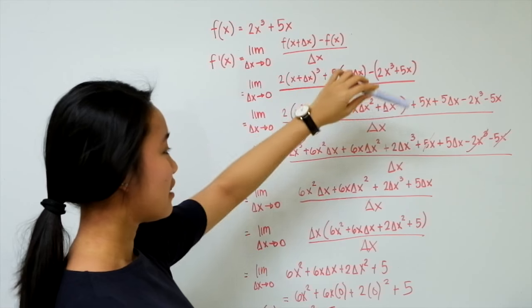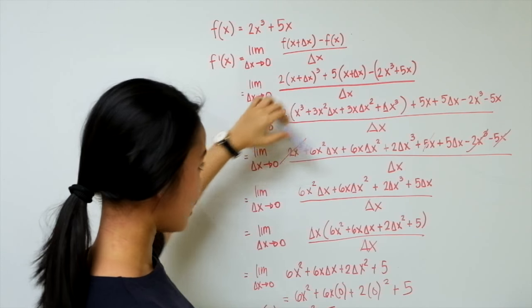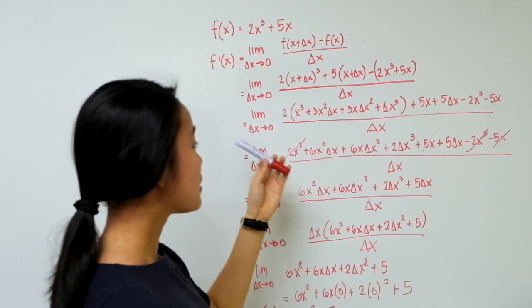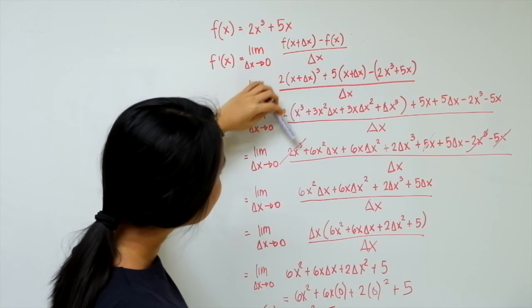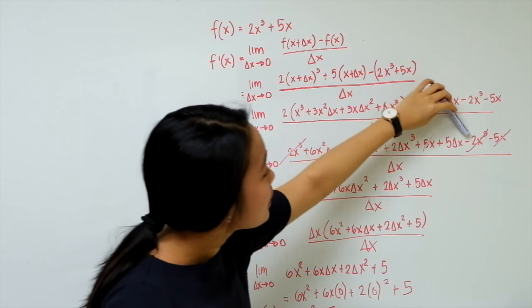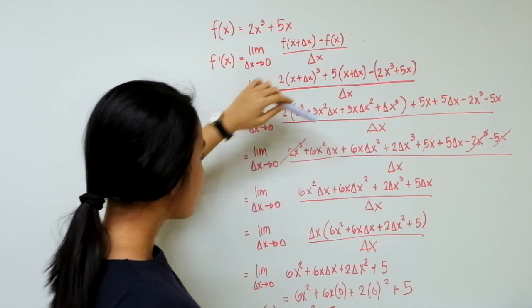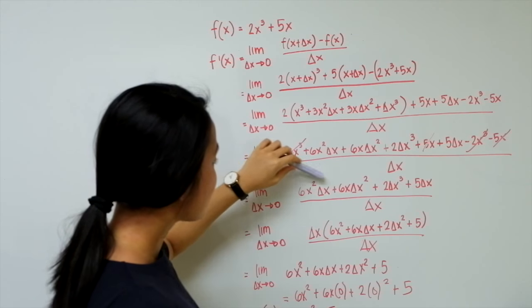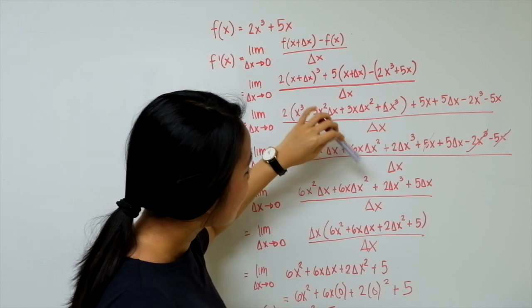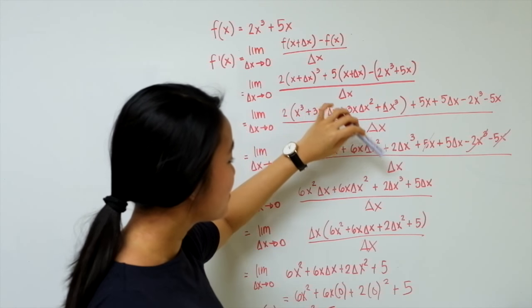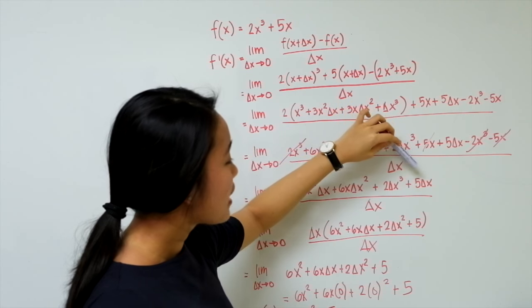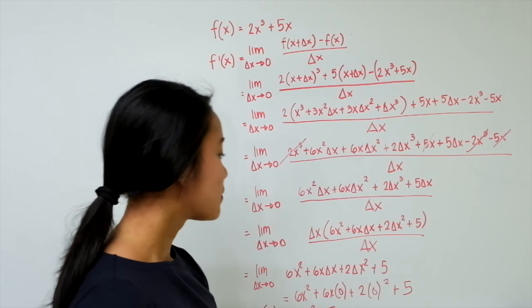And as you can see, there are like terms, so you can cancel that out. So you can cancel 2x cubed and negative 2x cubed and 5x and negative 5x. So it becomes 6x squared delta x plus 6x delta x squared plus 2 delta x cubed plus 5 delta x all over delta x.